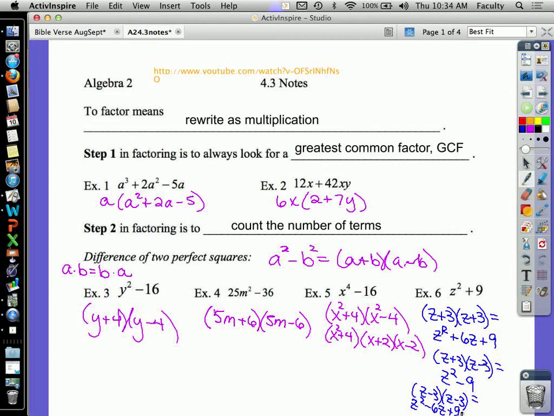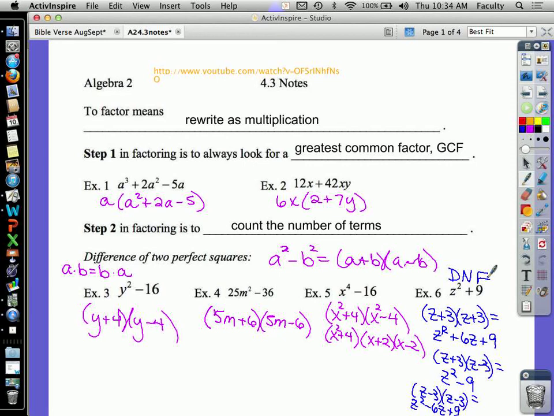And I really mentioned it here on example 5, is that when you have a sum of two perfect squares, the reason why it's not on my blue factoring sheet is that it does not factor. And what we're going to do is we're going to write capital D, capital N, capital F. Does not factor.